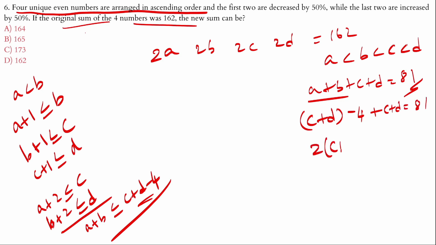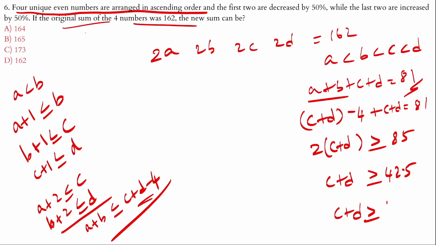So 2(c plus d) is greater than or equal to 85, and c plus d is greater than or equal to 42.5, and c plus d is greater than or equal to 43. Why 43? Because clearly c and d are natural numbers, and we know that c plus d is greater than or equal to 42.5.